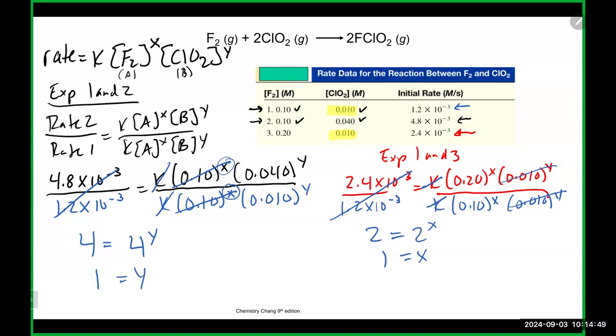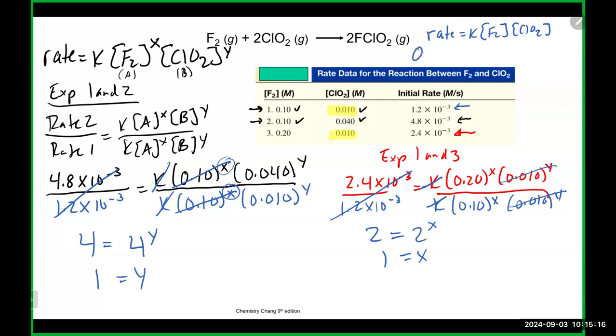So this is really the first thing that you want to determine to help you figure out what's going on with this rate law. Now that we have it, we have the completed rate law, which is the rate is equal to k times F2 times ClO2. Once again, we typically do not write the ones, so if there's nothing written on top, it's assumed to be first order for each of those.